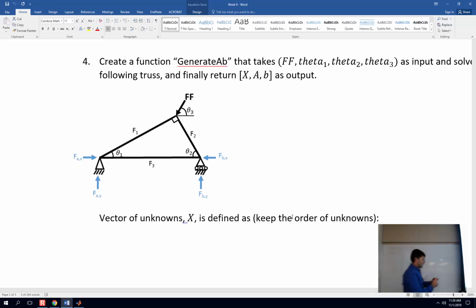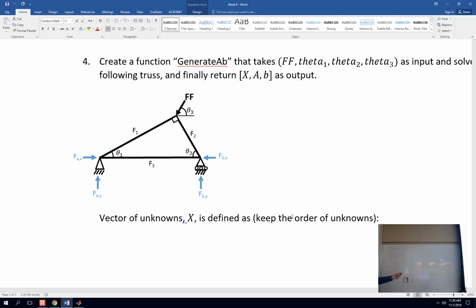So basically what happens is that the horizontal force of Ff is equal to Fax, right? What's the horizontal element of Ff? Ff cosine of theta 3. So this is the outside.